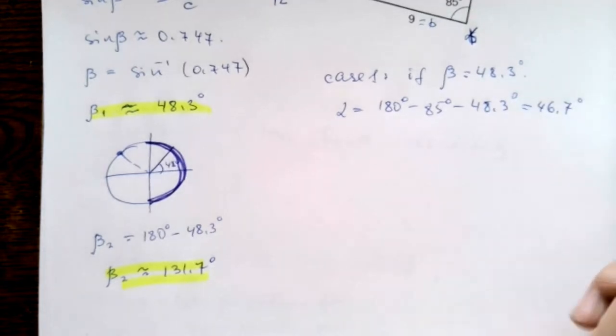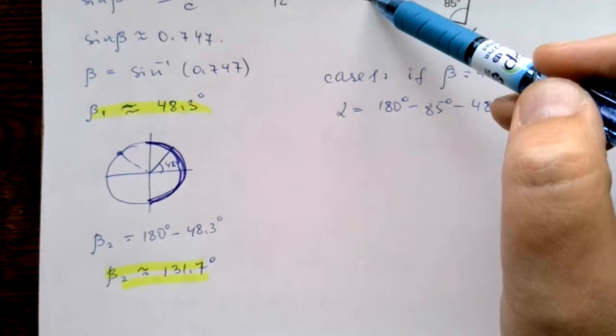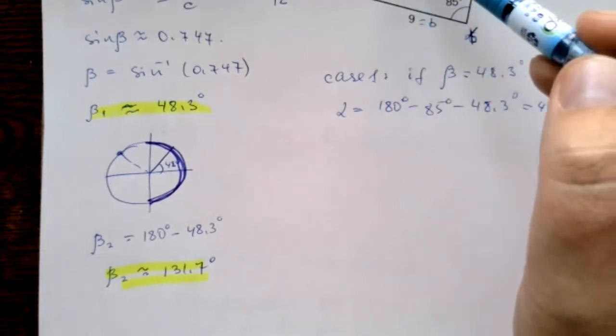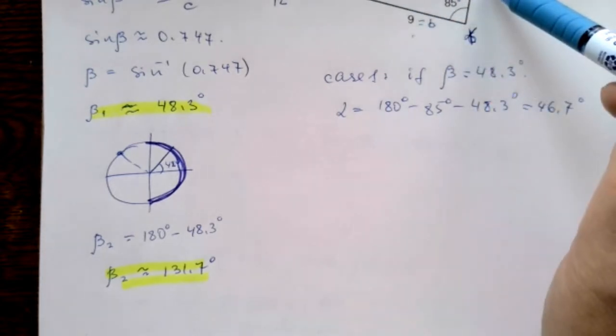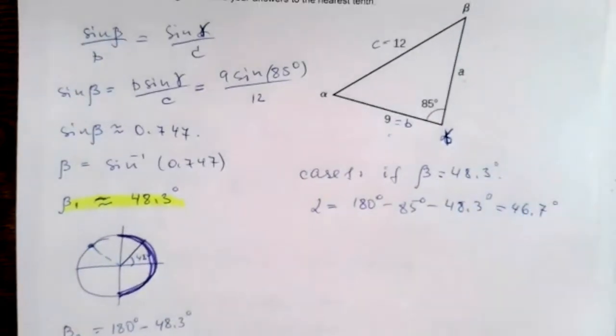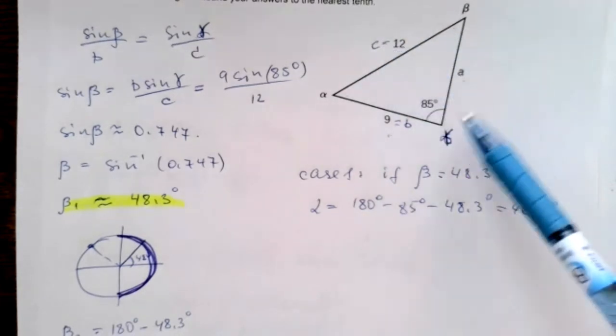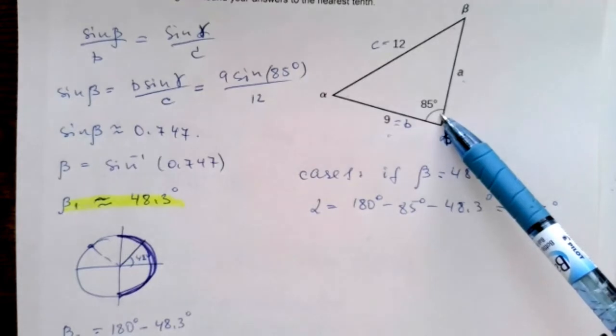Okay, so we know our beta now, we found our alpha, we know C and B, we need to find A. So again, I would like to use the values that I was given, meaning side C and gamma.